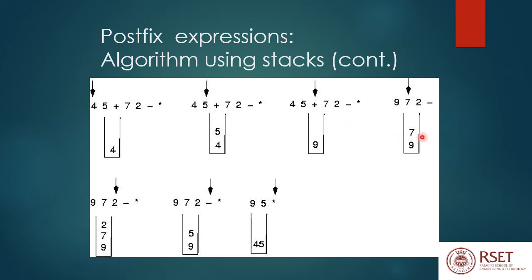Again, you proceed. 7 is an operand, push it. 2 is an operand, push it. Then you see an operator, minus; you apply it to 7 and 2, 7 minus 2 is 5, push it into the stack. Then you see a multiplication operator, you pop 5 and 9 and apply it to 9 and 5, and you get the final answer 45. This is how you evaluate it.